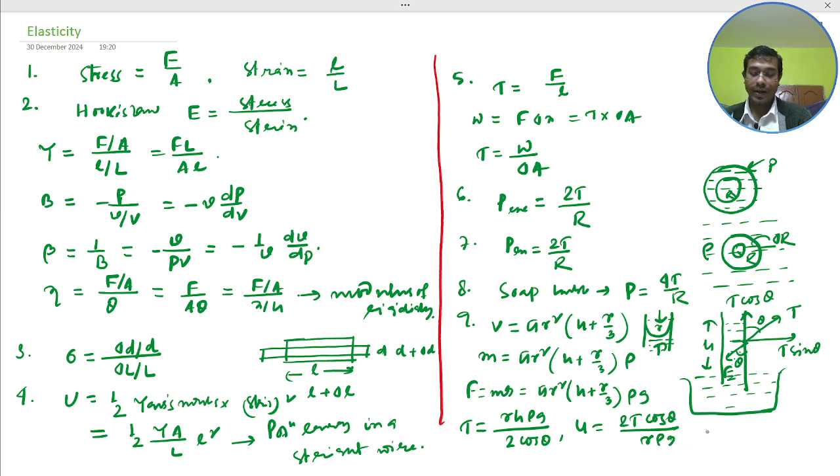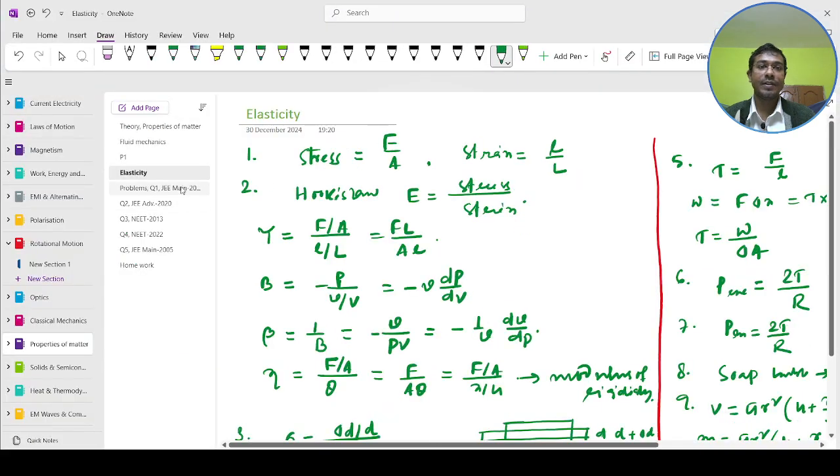And for water and clean glass contact, the angle is nearly equal to 0, so cos theta is nearly equal to 1, and the tension would become T equal to r h rho g divided by 2.